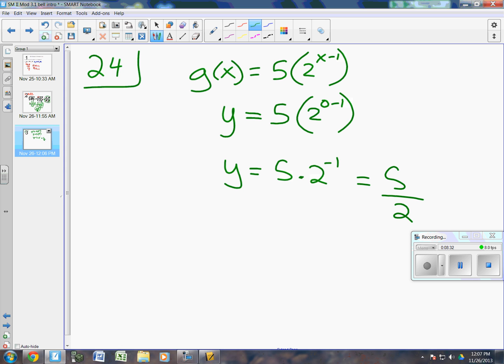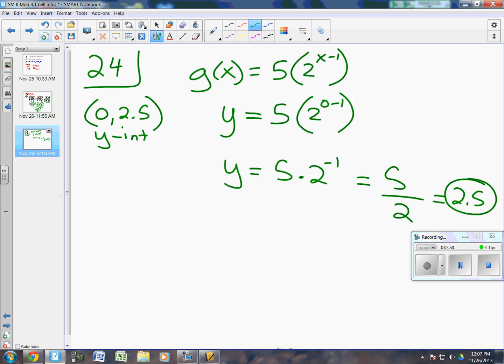And 5 divided by 2 is 2.5. So my y-intercept is 0, 2.5. That's my y-intercept, right? Because the x-coordinate is 0 at the y-intercept.